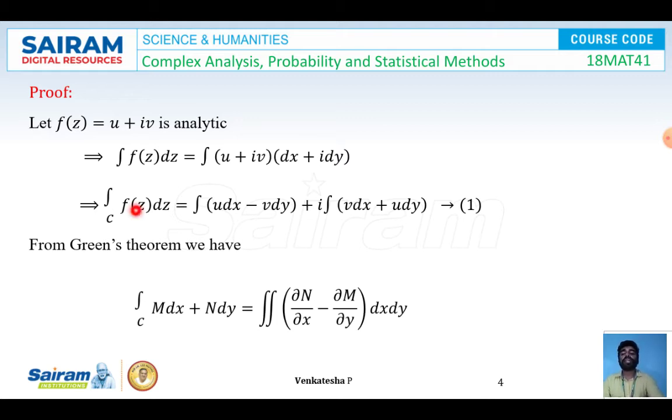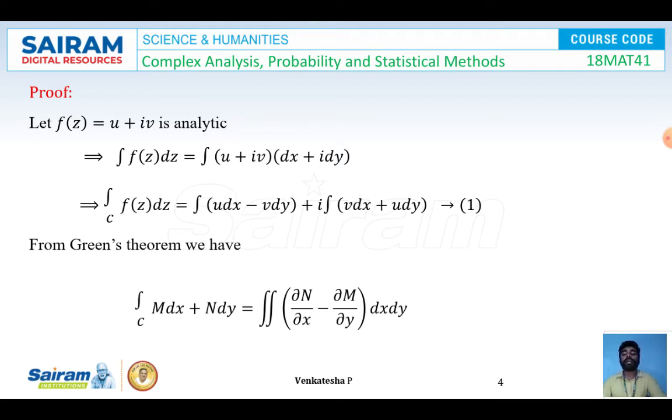So I got the equation: the integral over C of f(z) dz is the integral over C of (u dx minus v dy), taking all the real part one side, plus i into the integral over C of (v dx plus u dy). Call this equation number 1. Now from the statement of Green's theorem in a plane, we have the integral over C of M dx plus N dy is equal to the double integral over R of (∂N/∂x minus ∂M/∂y) dx dy.